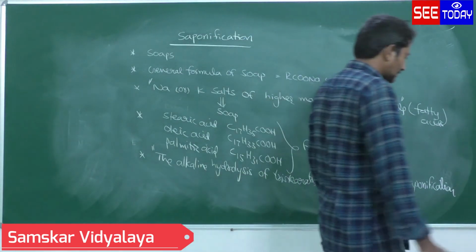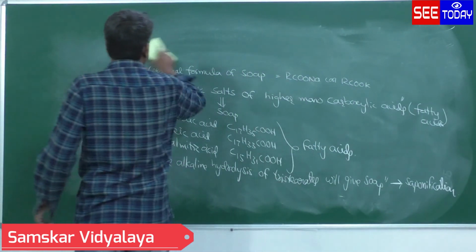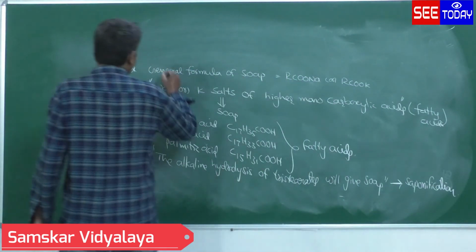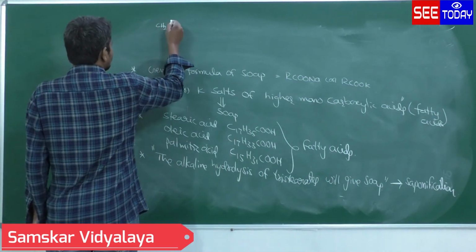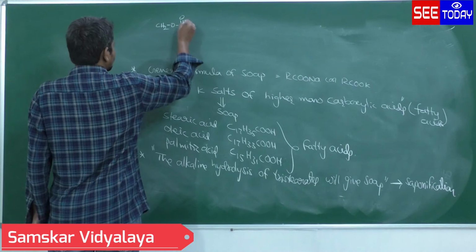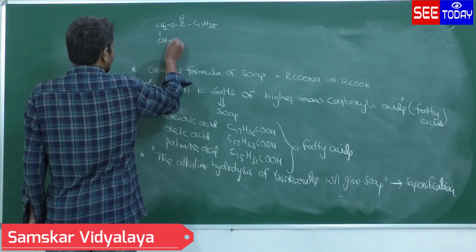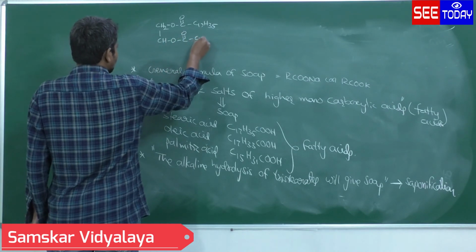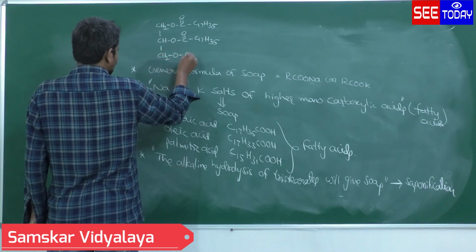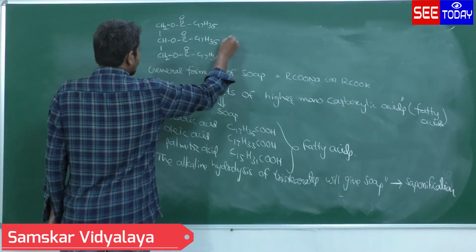Actually, this reaction is not in your syllabus. It is not given in your textbook also. But let us see the alkaline hydrolysis. Here I am taking tristearate: CH2-O-C(=O)-C17H35, CH-O-C(=O)-C17H35, CH2-O-C(=O)-C17H35, plus NaOH.